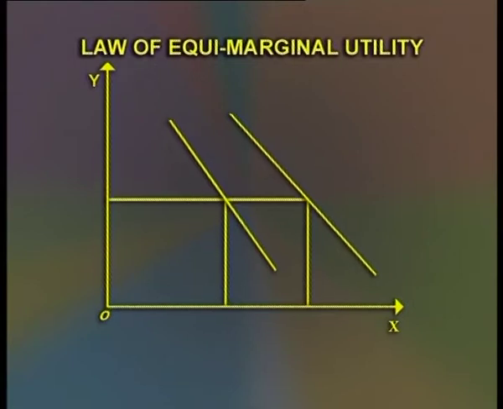Now, we can understand the same thing by looking at a diagram. The diagram has 2 marginal utility curves, DD and D1 D1. On the vertical axis we are measuring marginal utility, and on the horizontal axis we are measuring money that is spent.